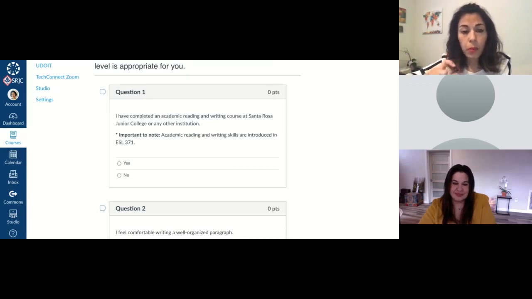Then we mapped, or linked, each question to one of our credit levels. So if you have never taken an academic reading and writing course at JC or any other college, then important to note, academic reading and writing skills are introduced in ESL 373. So indirectly, we're giving them a suggestion.